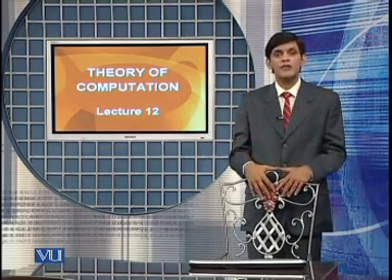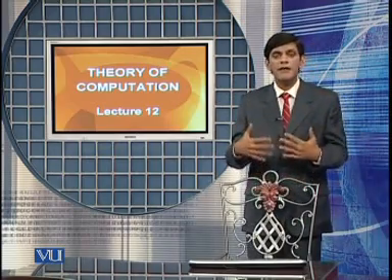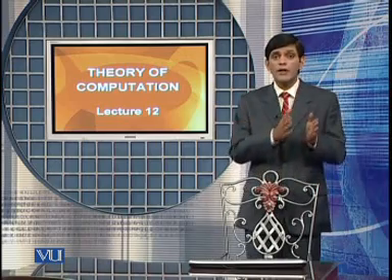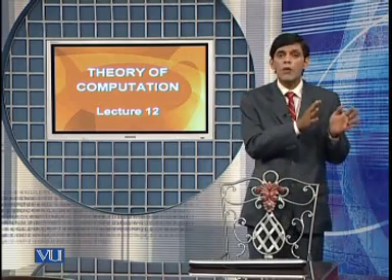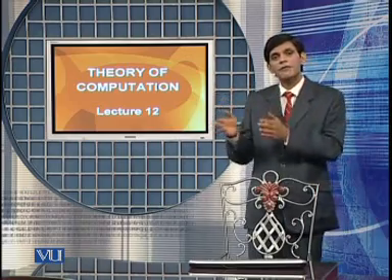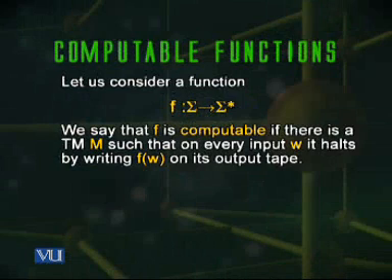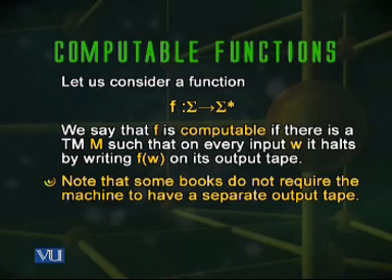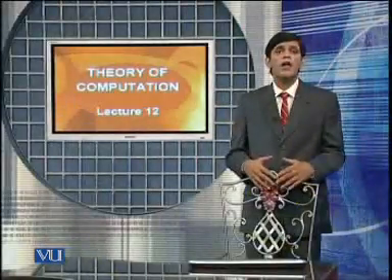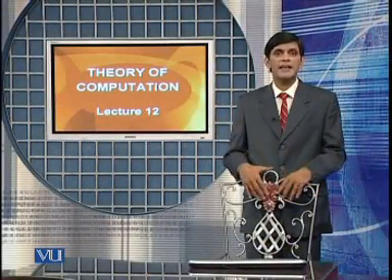We say that this function is computable if we can find a Turing machine which, when we give it the input W, will write down f of W on its output tape and halt. So a function is computable if we can find an algorithm to compute this function f. Note that some books or some authors do not require the Turing machine to have a separate input and output tape. However, we will discuss these details in the next lecture.